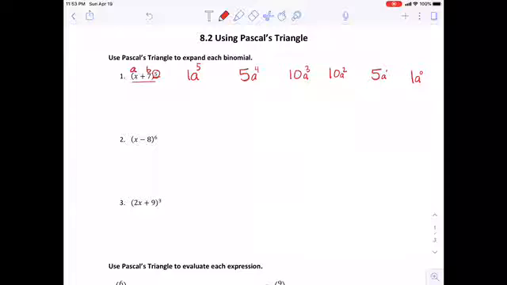Now my second term is the B, and I'm going to be putting B's on these, but now I go backwards. So I start with my last term and call that one B to the 5th, B to the 4th, B to the 3rd, B to the 2nd, B to the 1st, and B to the 0. Then I'm just going to fill in addition signs, always addition signs, in between each term.